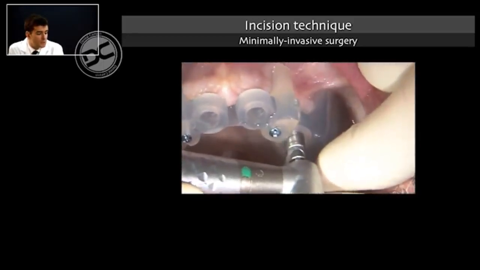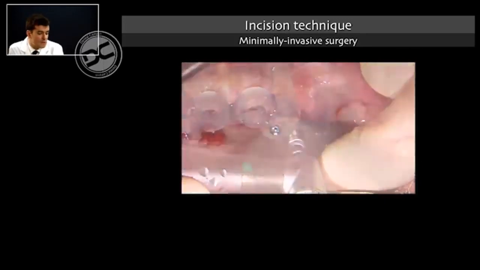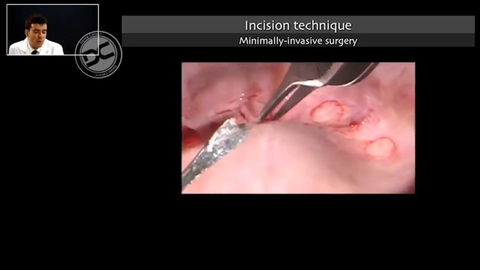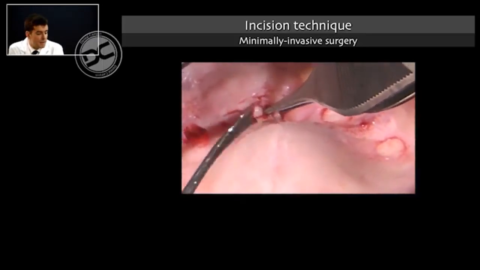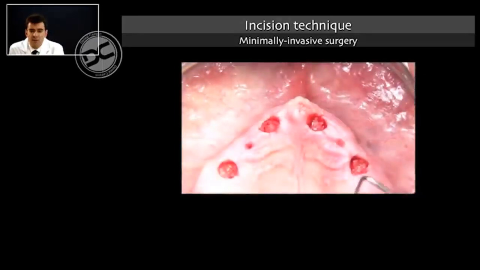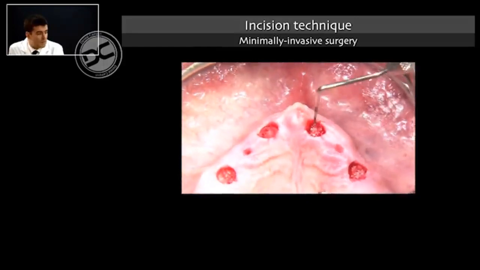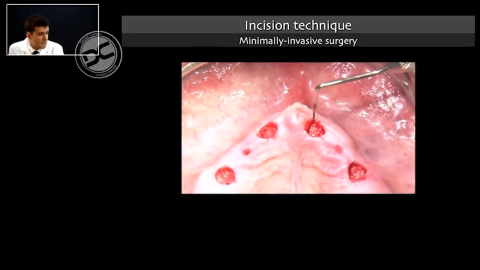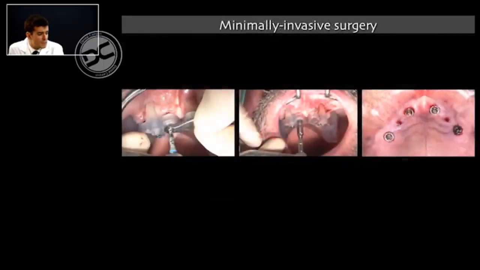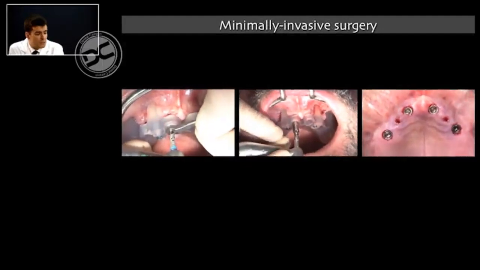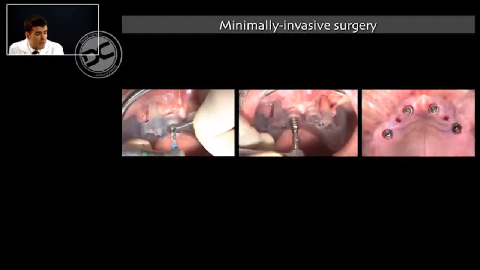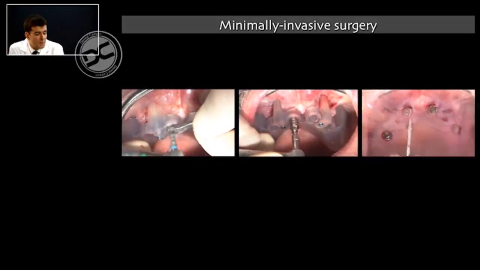So it's important to remove a sufficient amount of soft tissue in order to avoid the risk of transporting parts of soft tissue into the implant bed, which may compromise the osseointegration process of the dental implant. And here you appreciate the same case at different steps: the guided drilling procedure, the guided implant placement, and the insertion of the implants.